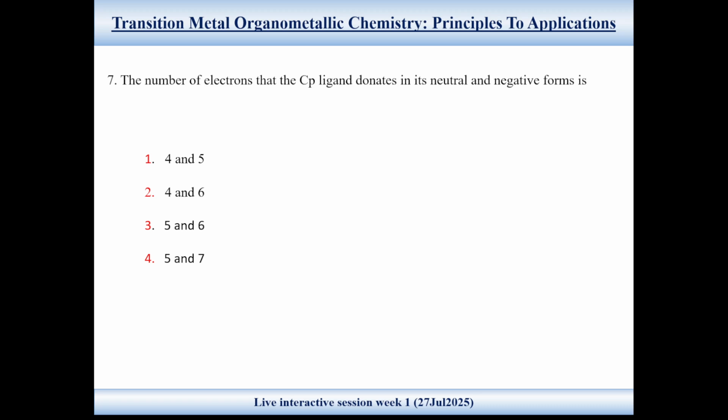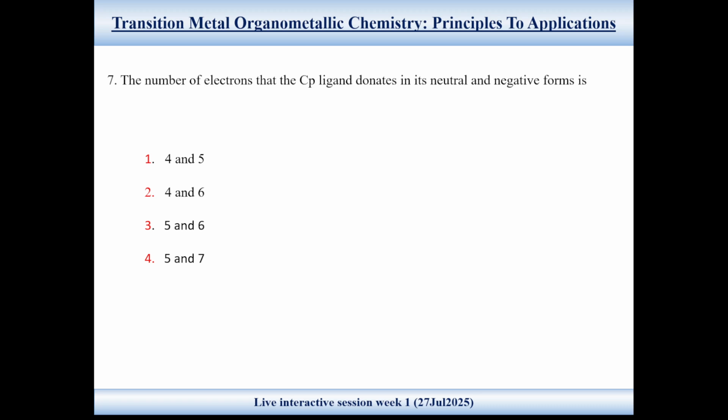You may always do it in the neutral method, but you should also have an idea of the ionic mode. So is it option 3? Yes. In the neutral form, cyclopentadienyl shows 5 electrons, and in the negative form, since a minus charge is there, one more electron gets added, so 5 plus 1 becomes 6.